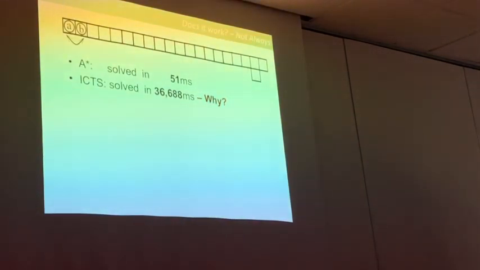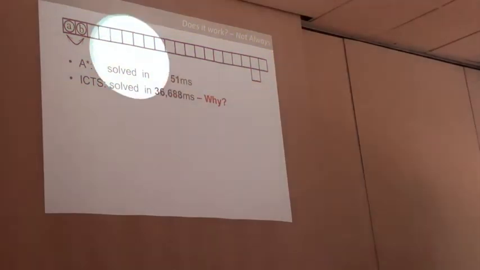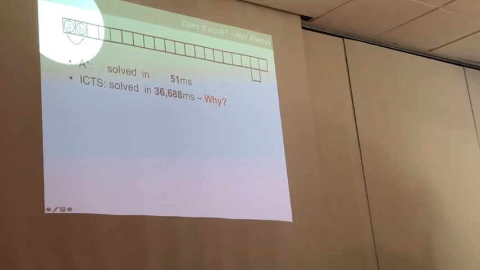Because the guess was really small, so we had to go through a lot of tree. Yes, exactly. The initial guess, so we had two levels, the high level and the low level, right? The high level needs to guess the cost. And in the initial guess here, each agent is one step away from its goal. So the initial step was, you can get there in one, you can get there in one.